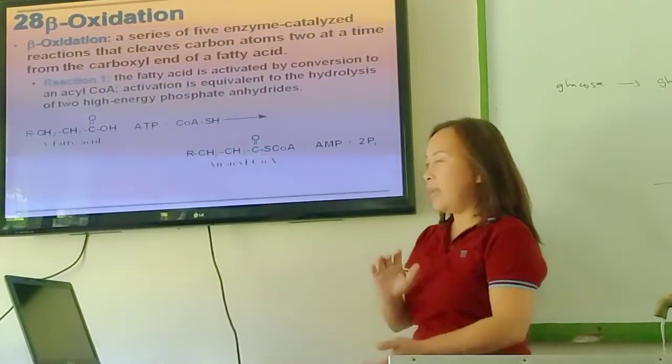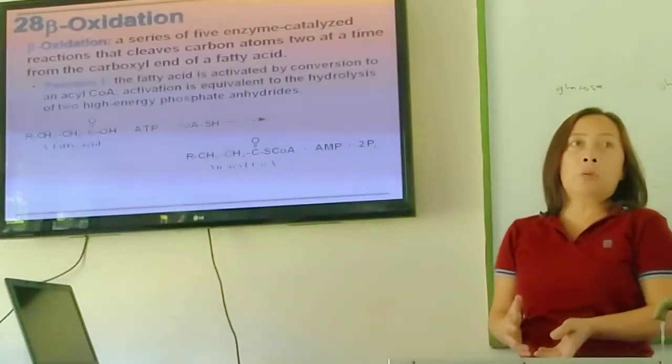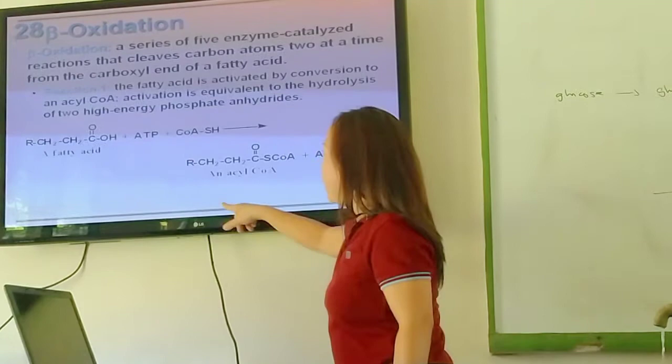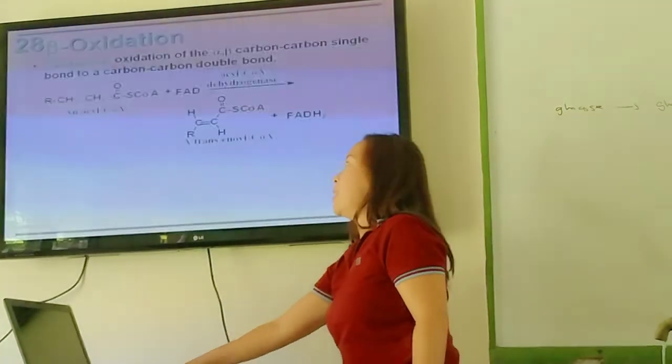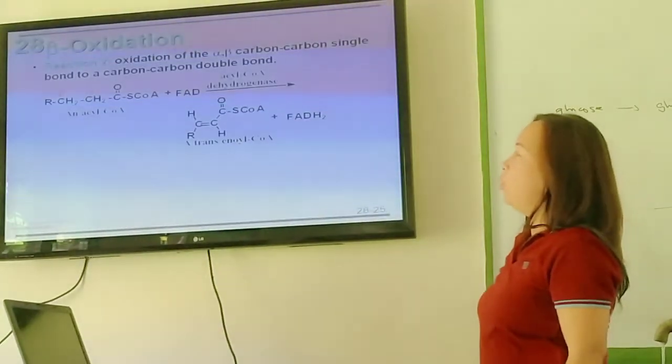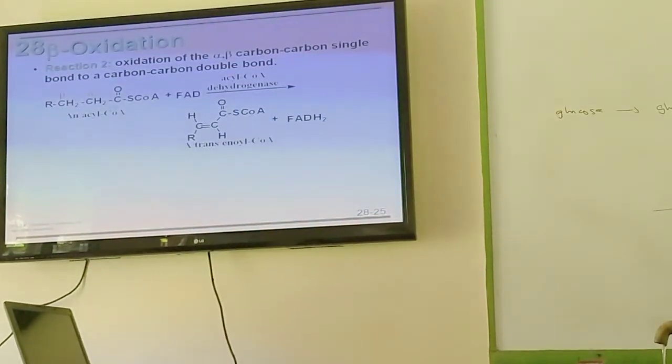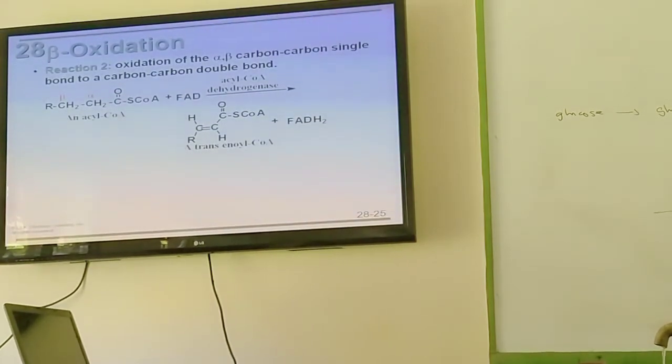So the fatty acid is converted into an active form called acyl-CoA. That is step 1. Then step 2 is the oxidation of the alpha-beta carbon-carbon single bond to a carbon-carbon double bond.